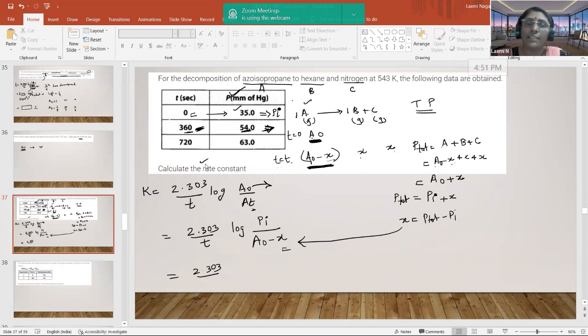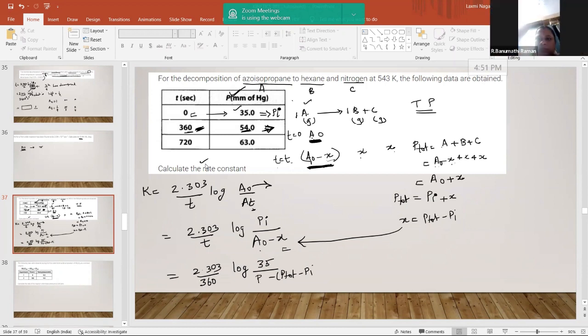It was at 360 seconds. So log of Pi, which is 35, by A naught minus X. What is X? P total minus Pi. What is A naught? A naught is nothing but Pi. So don't we get this expression? 2 Pi minus P total.